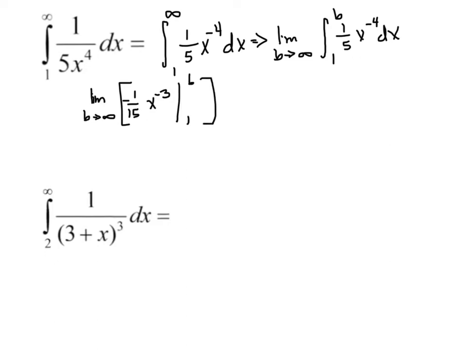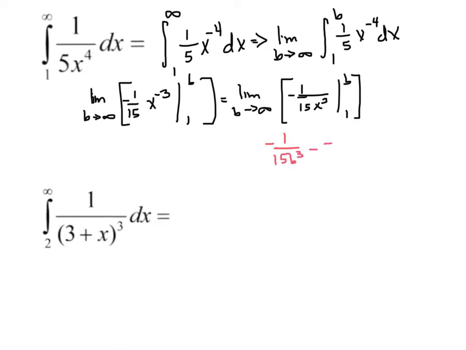I think it's easiest if we write it back with a positive exponent: -1/15, with x cubed in the denominator, evaluated at b and 1. So when I plug b in, I get -1/15b cubed. I plug in 1, I get just -1/15.